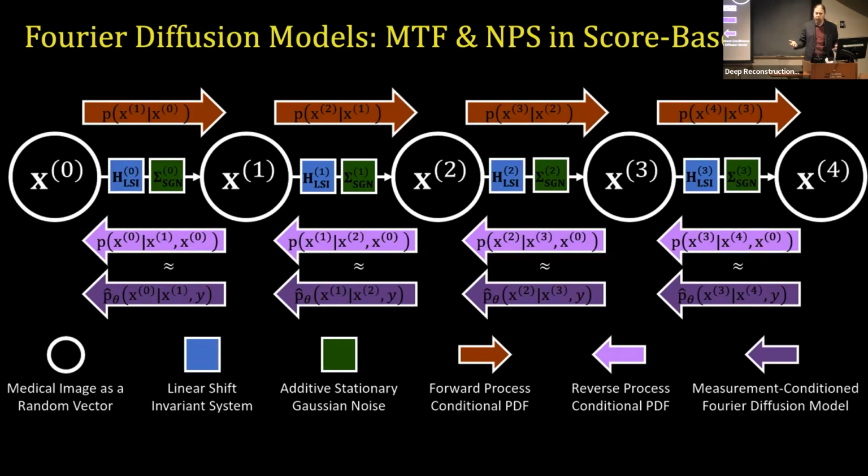Maybe it's the kind of noise that I see in CT or whatever imaging modality you're working with. You can then again, there are just 4 time points here, or 5, that you can go through that same kind of modeling sequence. You have that probability chain defined both for the forward process and the reverse process. And what we're going to do is, in that reverse process, instead of having that conditioned on the ground truth, we'll have it conditioned on the actual measurement data, so we can actually apply it to measurement data.